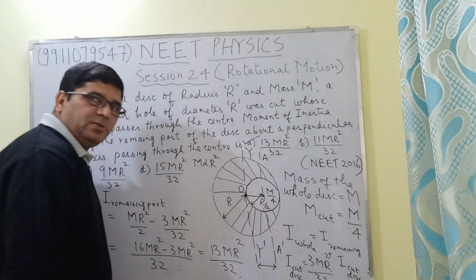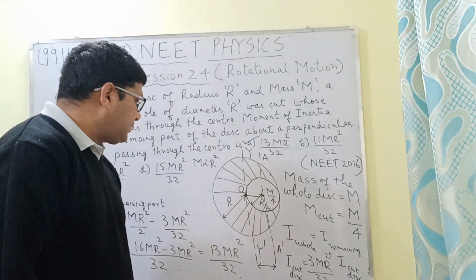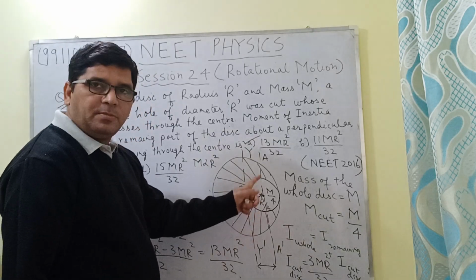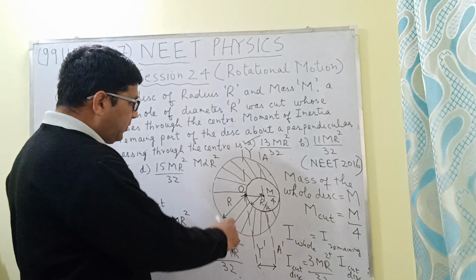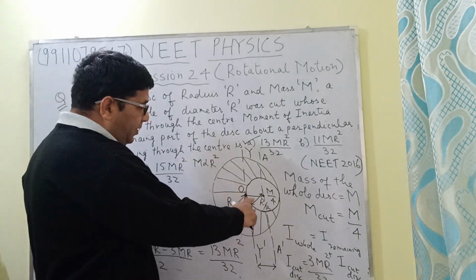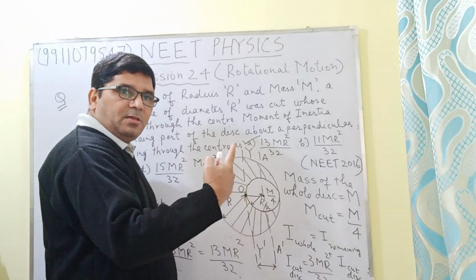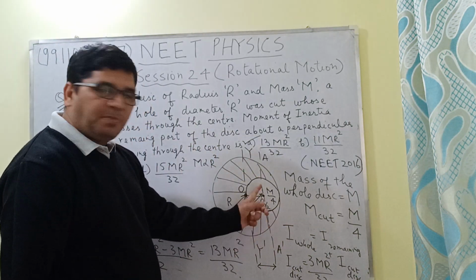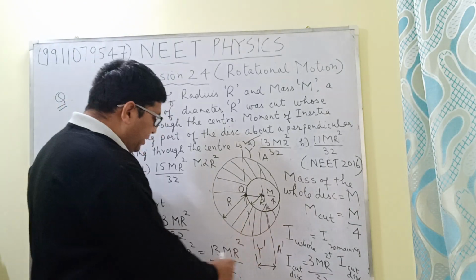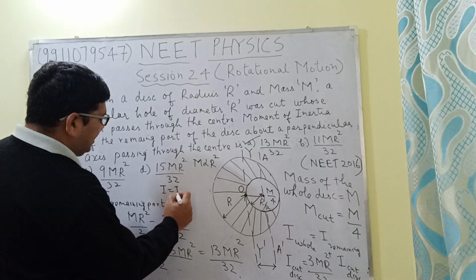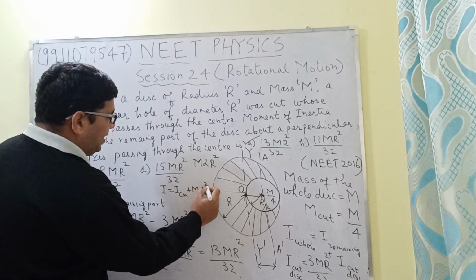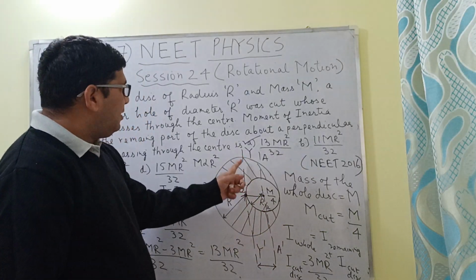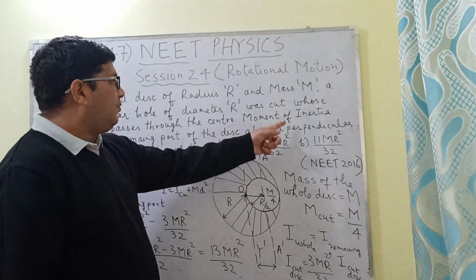Second thing, we have to use the theorem of parallel axis. The theorem of parallel axis says that the moment of inertia of an object about any axis is equal to the moment of inertia of that object about an axis passing through the center of mass plus md square, that is, I equals I_CM plus md square, where m is the mass of this disc and d is the distance between the axis passing through the center of mass and the axis about which we have to find the moment of inertia.